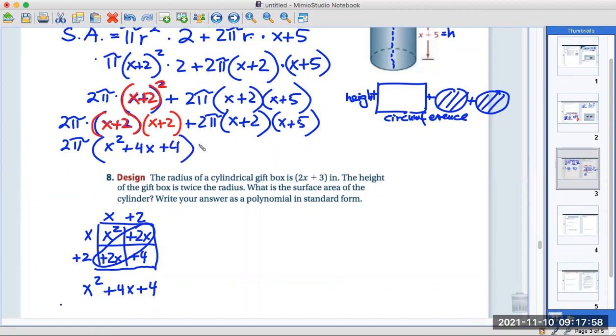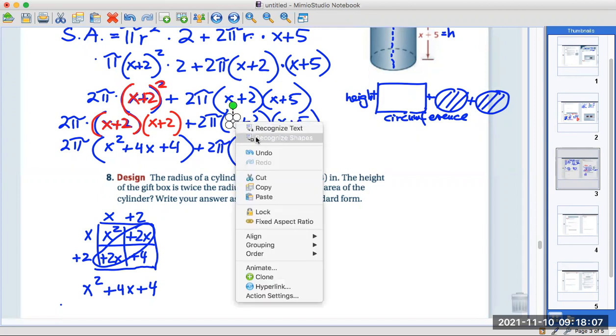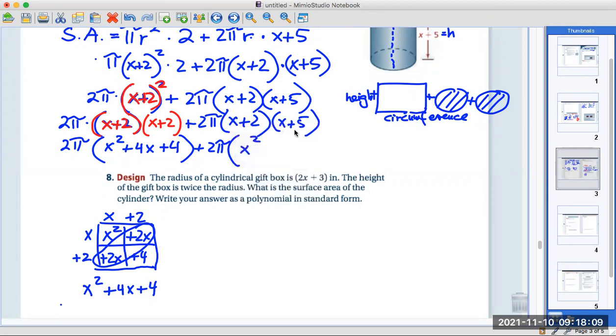This multiplied out, I'm going to speed it up a little bit. I'm just going to do this in my head. When you use your box method, it's going to turn into x squared plus 7x plus 10. And then from here, I could distribute.